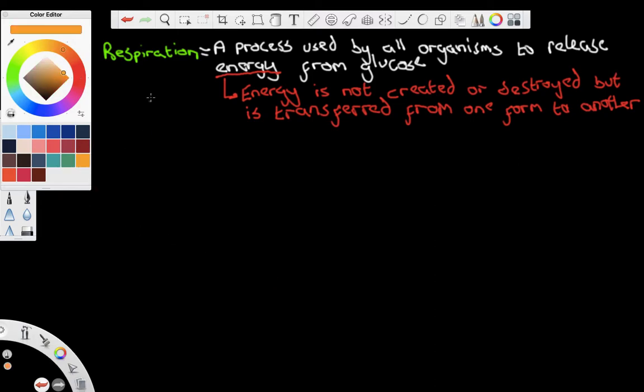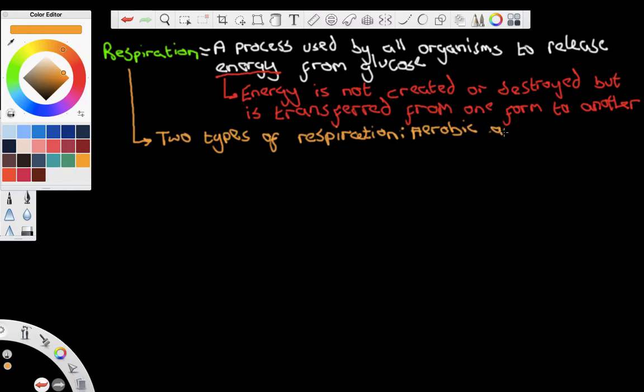We also said last lesson that there was two types of respiration. We've got aerobic and anaerobic.